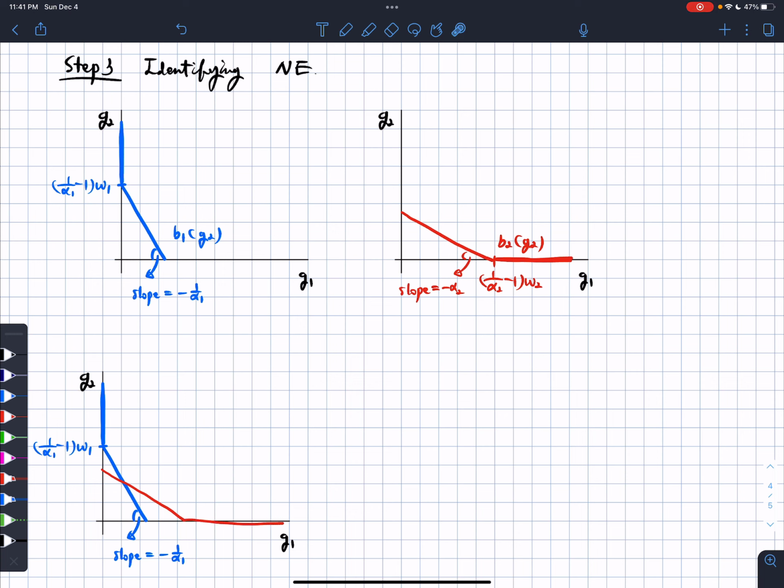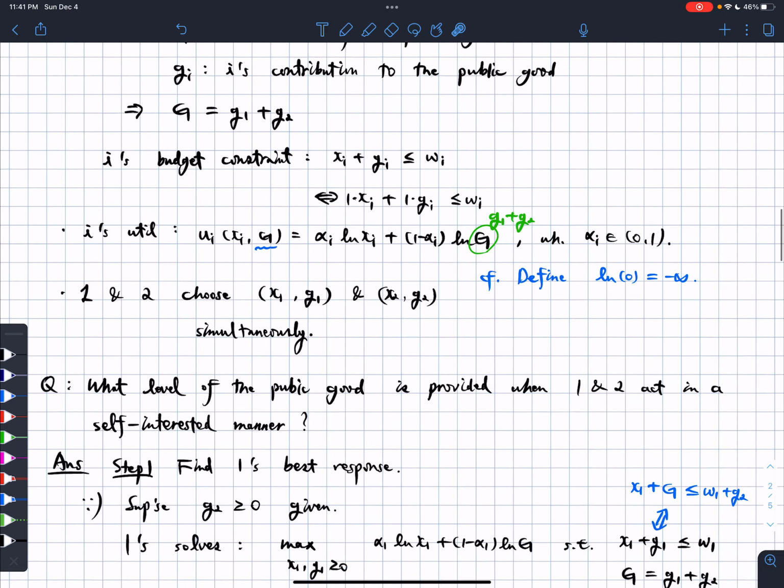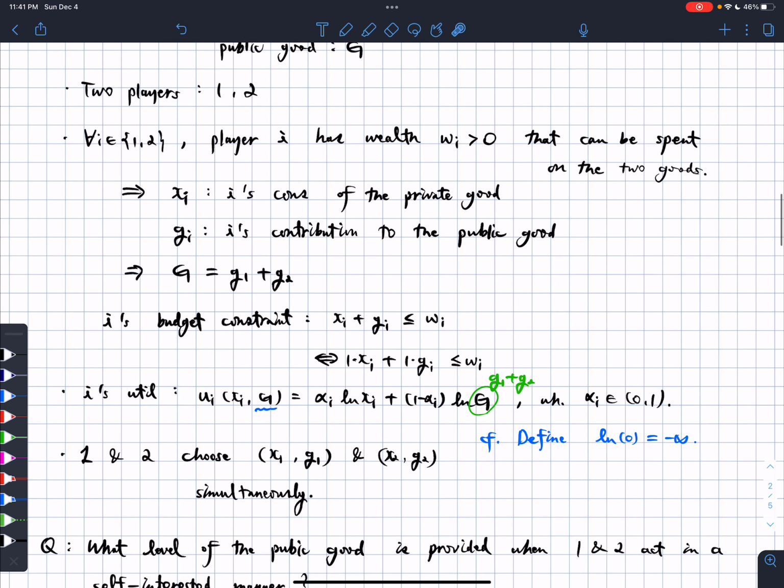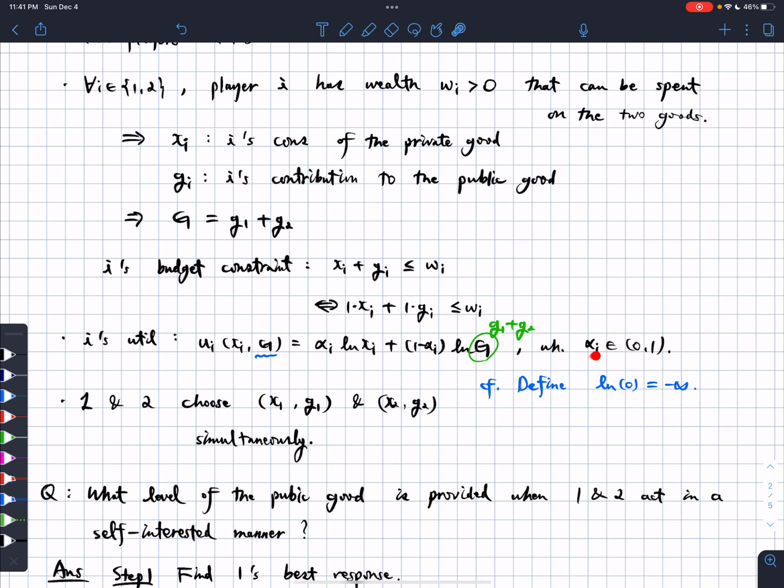What is noticeable about the configuration of these two graphs is that this vertical intercept is smaller than this vertical intercept, and it goes down like this. Concerning these slopes, remember that at the beginning we made an assumption about the alphas: they are all between 0 and 1, right?